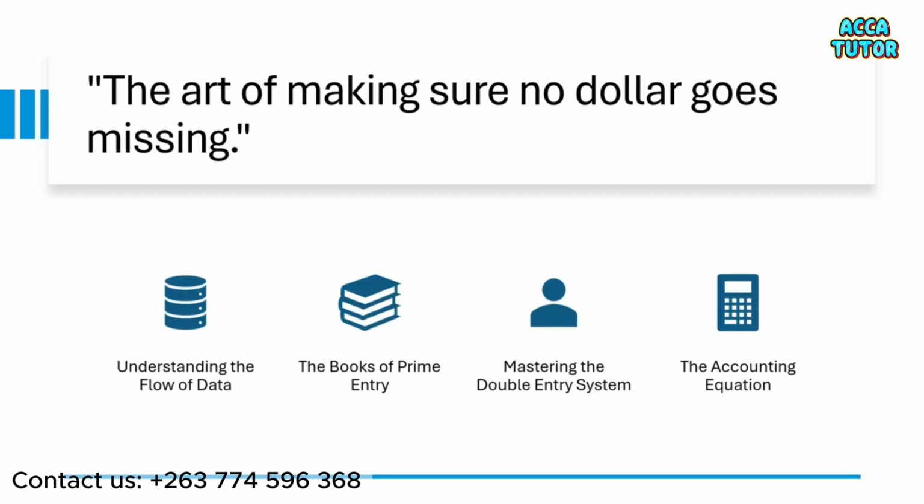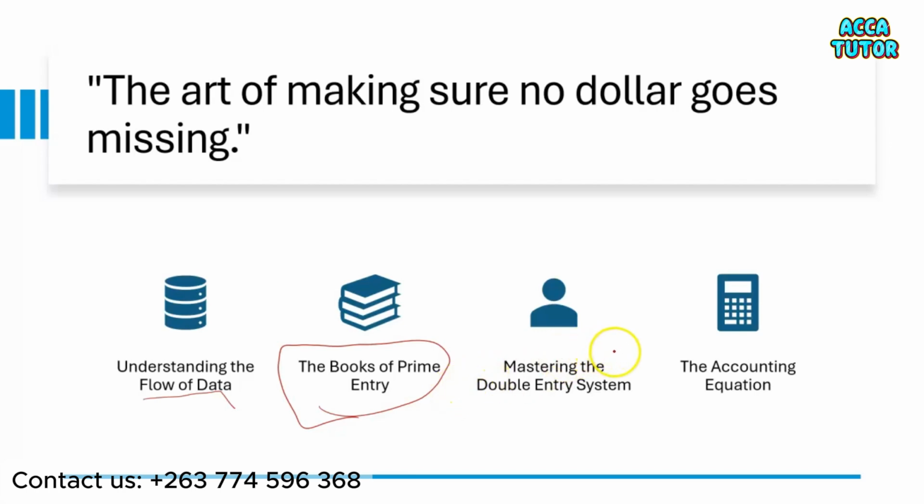What we are going to learn is some understanding of the flow of data. We need to understand how financial data flows. Then we will be introduced to the books of prime entry, and we would appreciate what these books are by the end of the lecture.